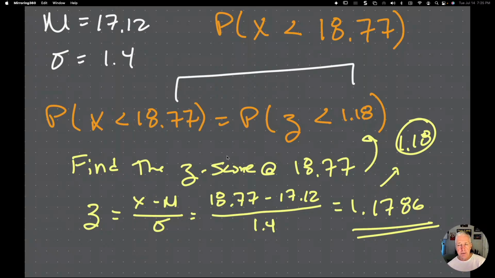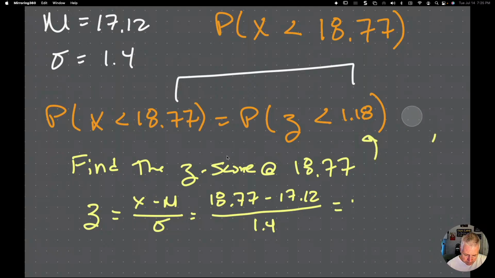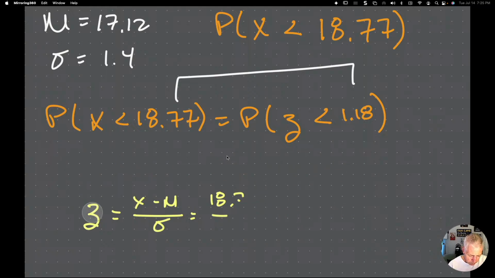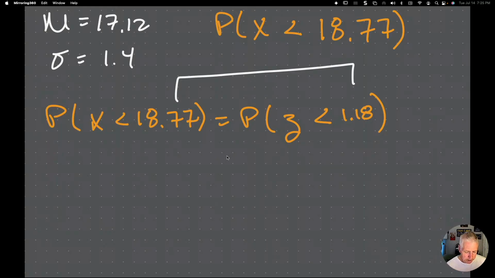Now we can go back to working with the calculator, and in the syntax that I use, just what is the area between this z-score and this z-score, we can find that probability. Let me erase this out. We already found that. Now down here at the bottom, I'm going to go to pink, calculator syntax.